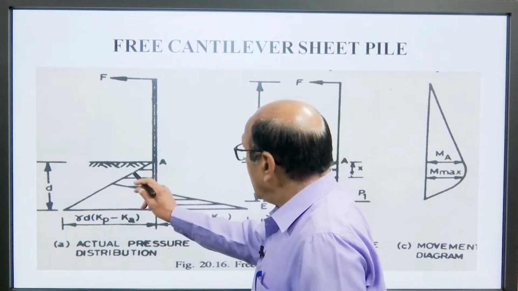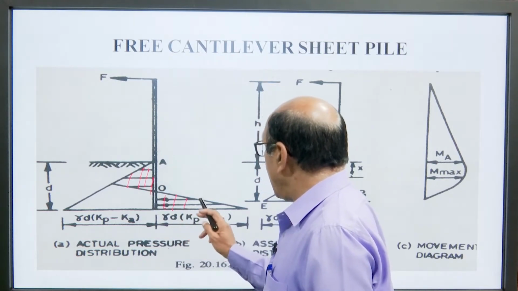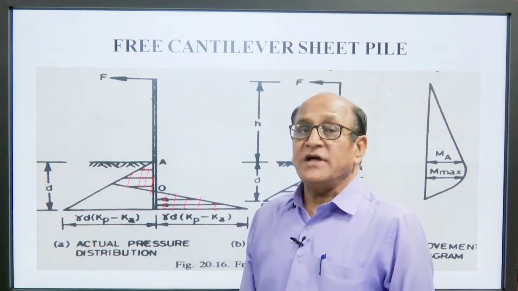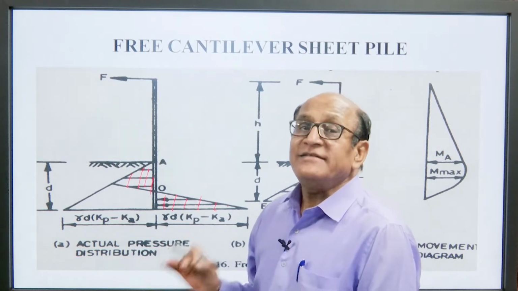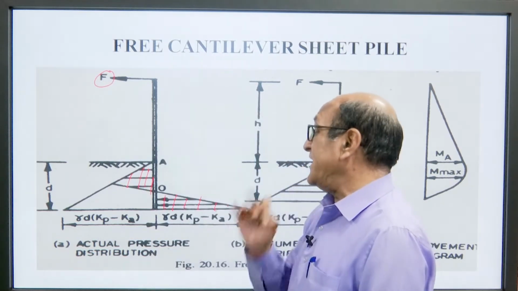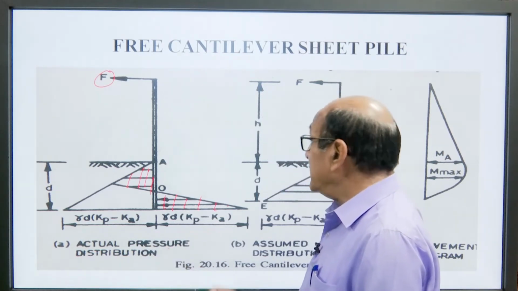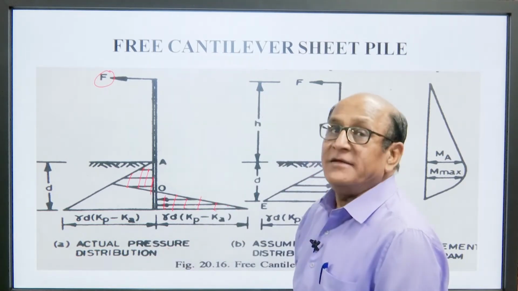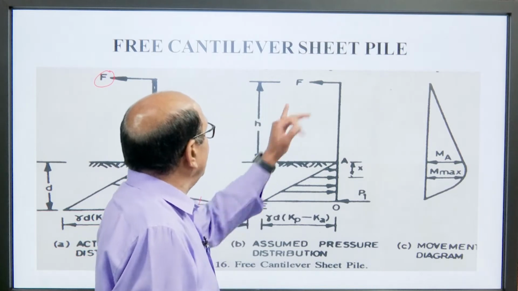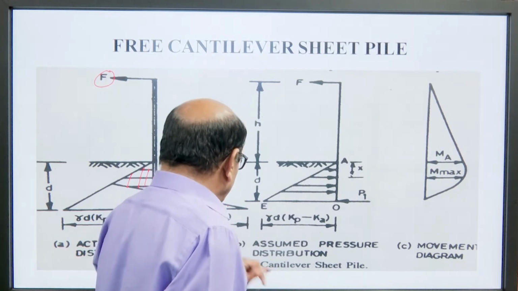So, this is the active and passive earth pressure. This is the depth of the sheet pile below the dredge level. Here F is acting towards the dredge line. So, this is the actual pressure distribution of a sheet pile. We can see here again the assumed pressure distribution.